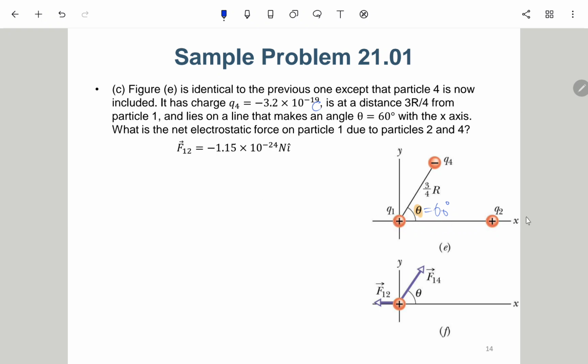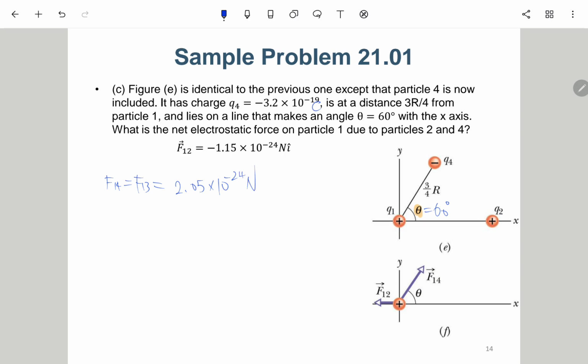So here Q1 and Q2 don't move at all, so we still have F12 to be this value. And the magnitude of F14 should still be equal to F13, because the value of Q1 and Q4 doesn't change, and the distance doesn't change either, so it is still 2.05 times 10 to the negative 24 Newton.